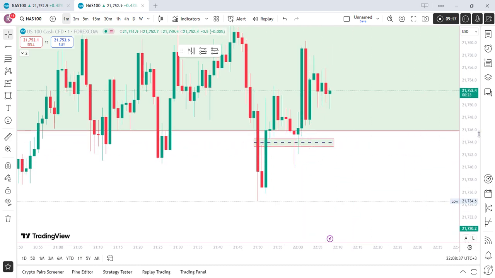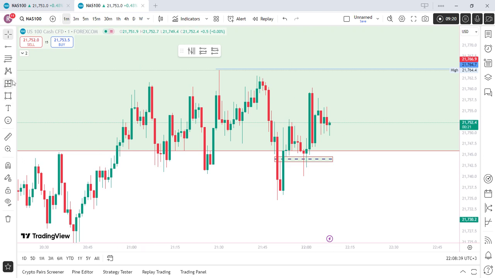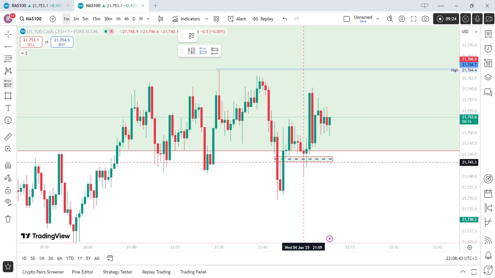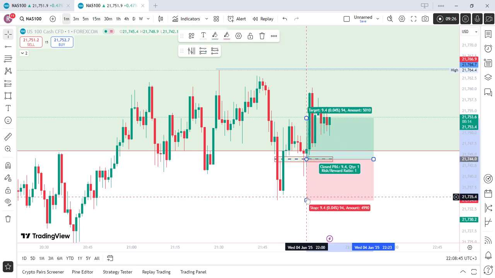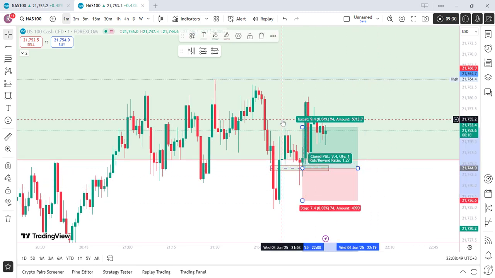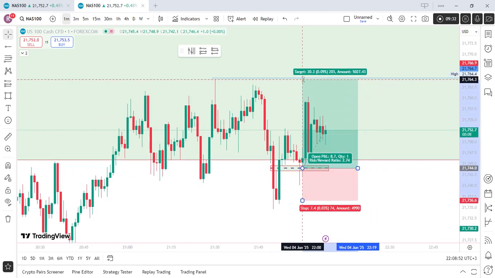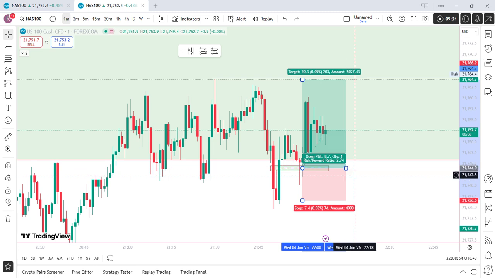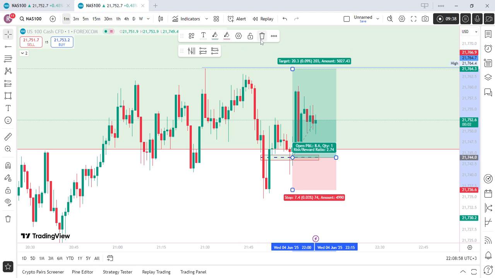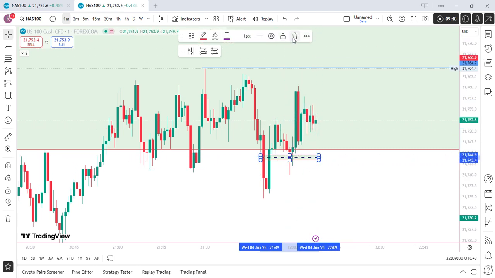Traders who use the ICT 2022 model would put their buy there, their stop loss below this low here, and target these relative equal highs there. That is 1 to 2.7 R. That's how you can use relative equal highs and relative equal lows.